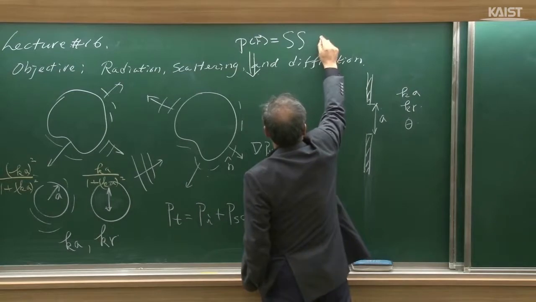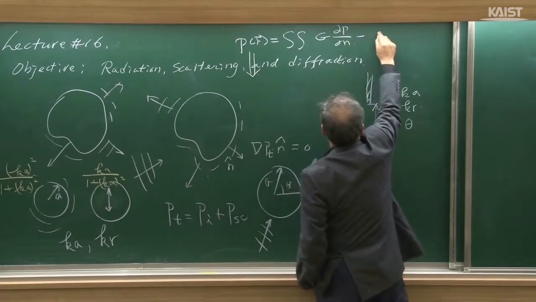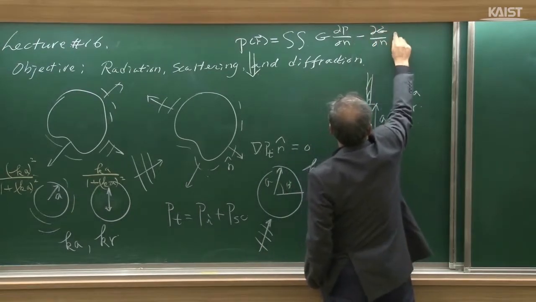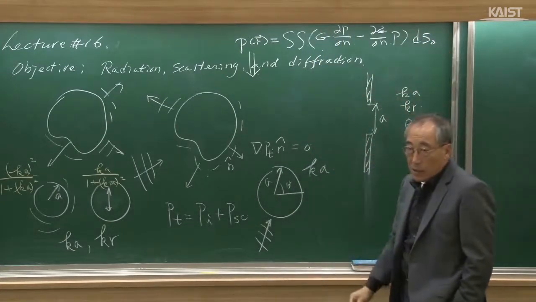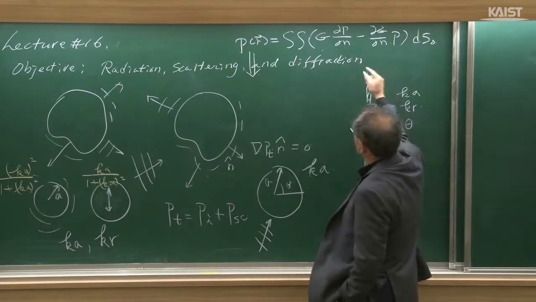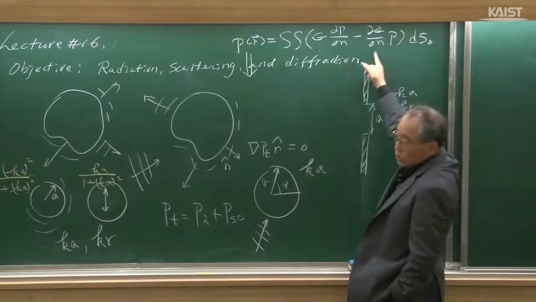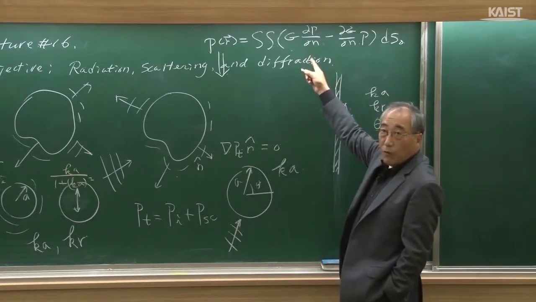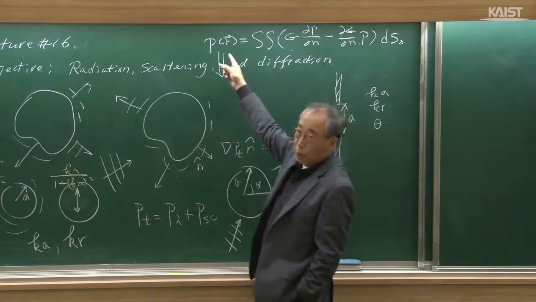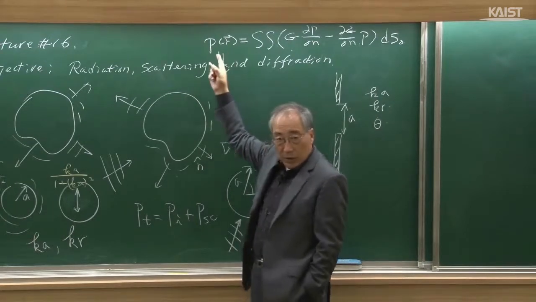For example, we can write G dp/dn minus dG/dn p on the surface that is radiating. So if you select G as the monopole and make dG/dn disappear, then we can use a simpler form that allows us to predict sound pressure at any point, and that integral we call the Rayleigh integral.